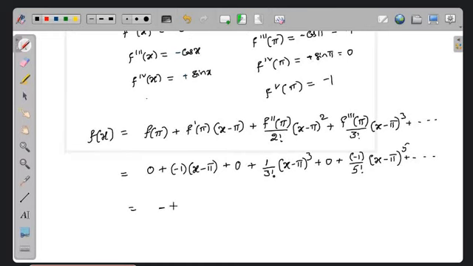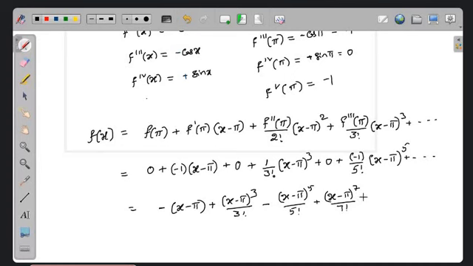Okay, so let's write it. So minus of x minus pi, plus 1 by 3 factorial into x minus pi whole cube, minus x minus pi whole power 5 by 5 factorial plus x minus pi whole power 7 by 7 factorial, minus x minus pi whole power 9 by 9 factorial plus and so on.